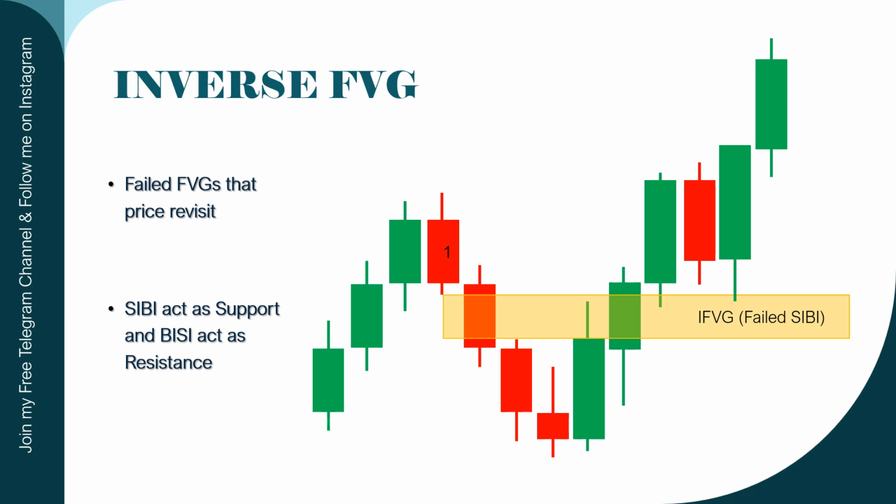But you need one candle to close with a full body candle above. Then you have a failed SIBI, but it's not completely failed. It can be used again at a certain point. So this is where you mark it as inverse fair value gap, because price can just go back again, react to it, and then start running to the upside.